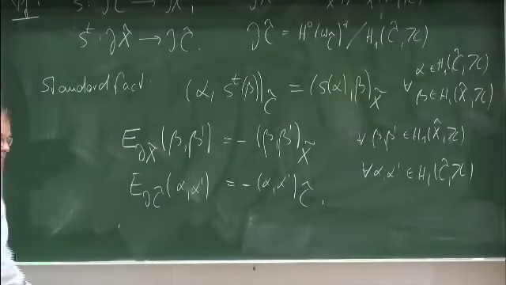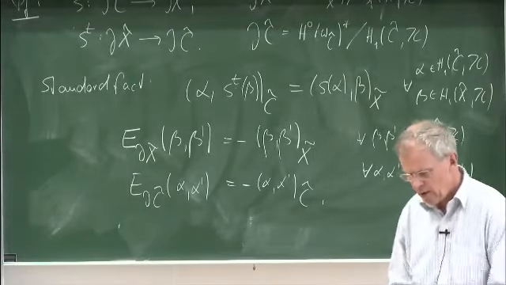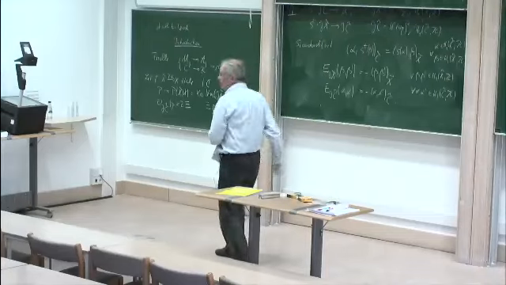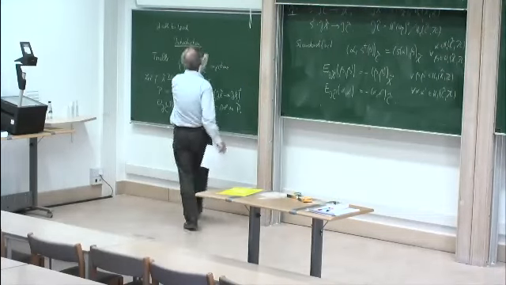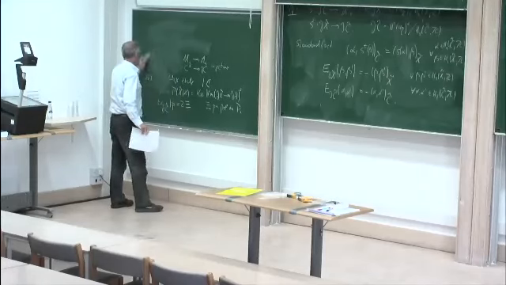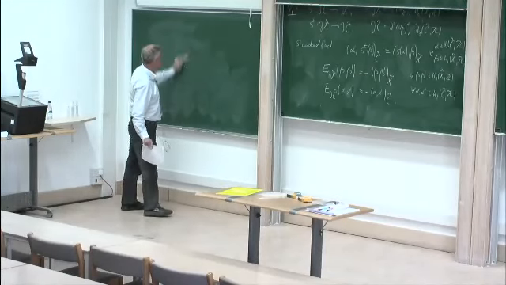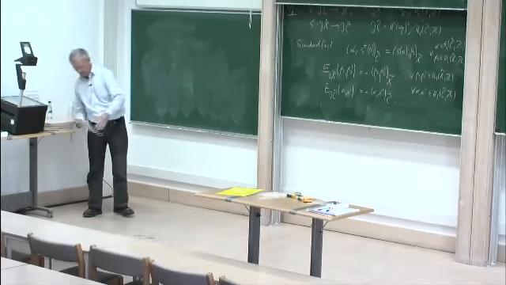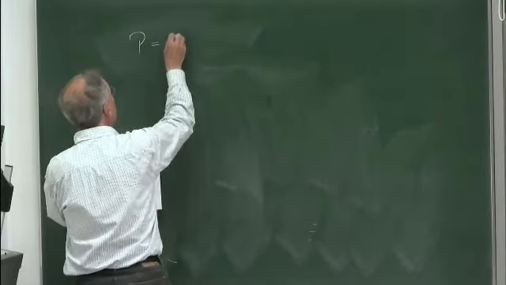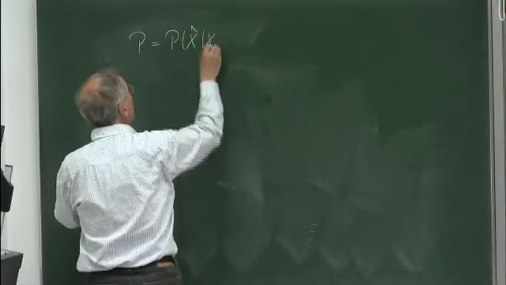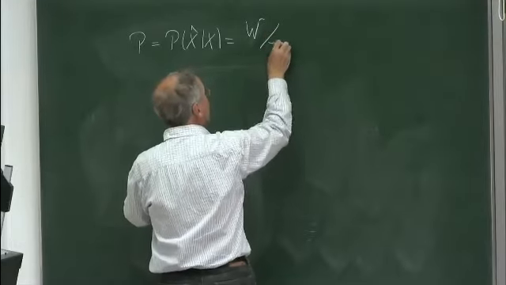Putting these two together, we get... actually, now I have to go to the Prym varieties. So let P be P of X tilde over X, which is W minus modulo pi minus.